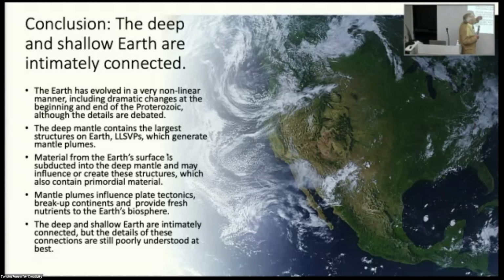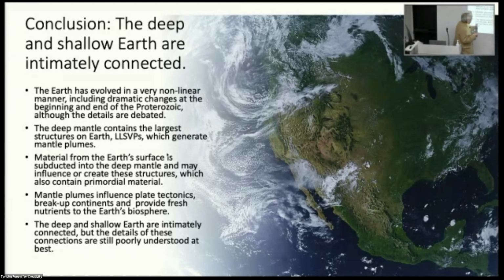Material from the Earth's surface has been subducted all the way to the bottom of the mantle and is returned to the surface by these mantle plumes. And perhaps subduction actually controls and creates these LLSVPs, perhaps not. But these LLSVPs also contain material which has more or less been isolated for the entire history of the Earth.